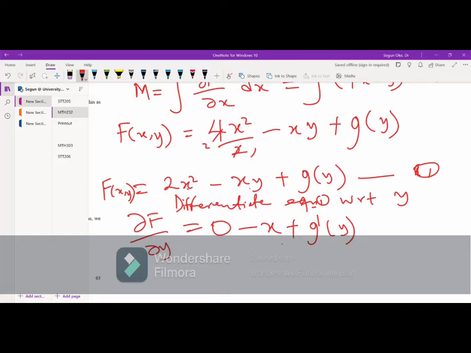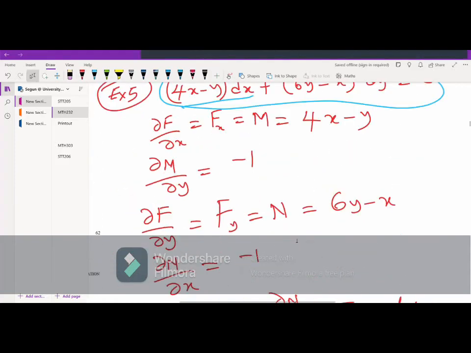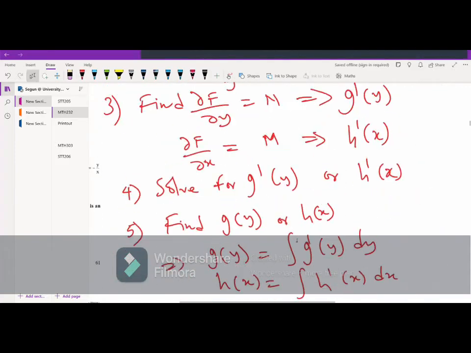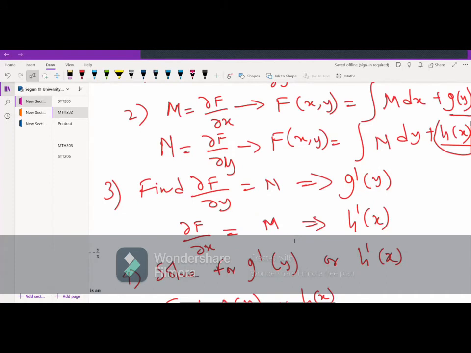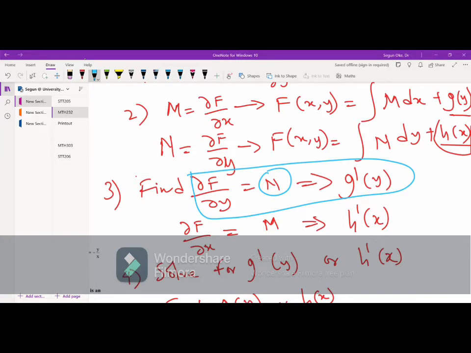Now, don't forget, let me take you back to the step. We said that this differentiation we are using is equal to N. Look at it. We said this is equal to N, right?